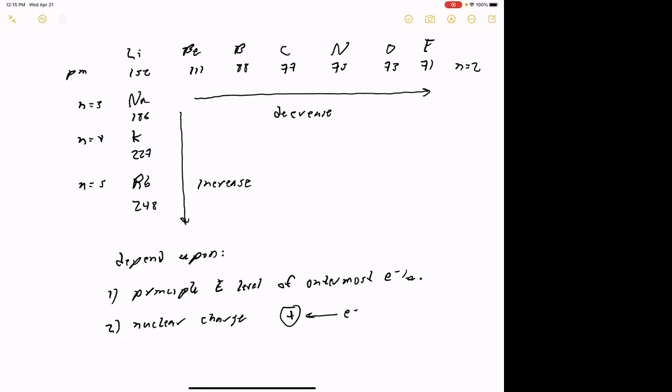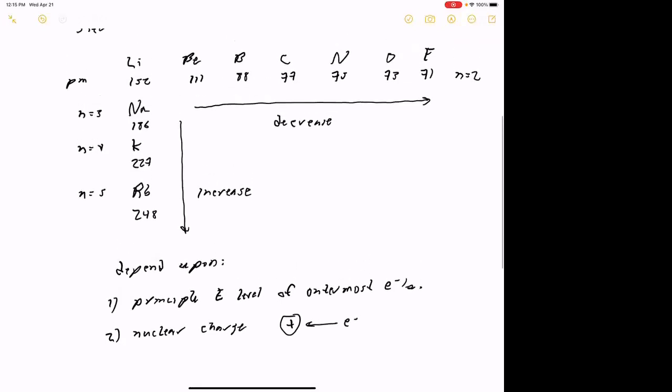But because I'm introducing the electron to the same principal energy level, that new electron is going to feel more pull from the nucleus. As a result, that's going to cause the atomic size to draw itself in, as I showed in the little diagram that I just made.